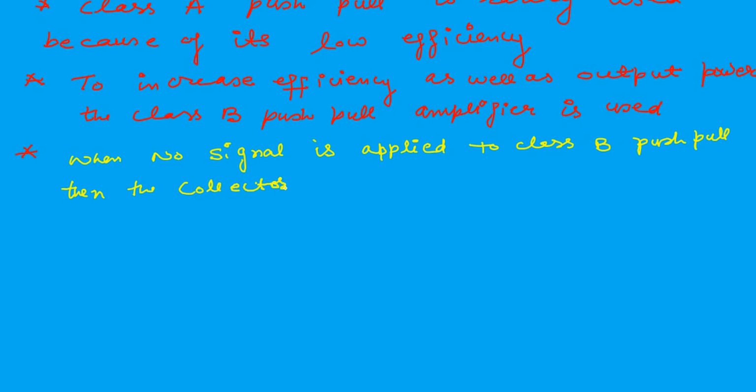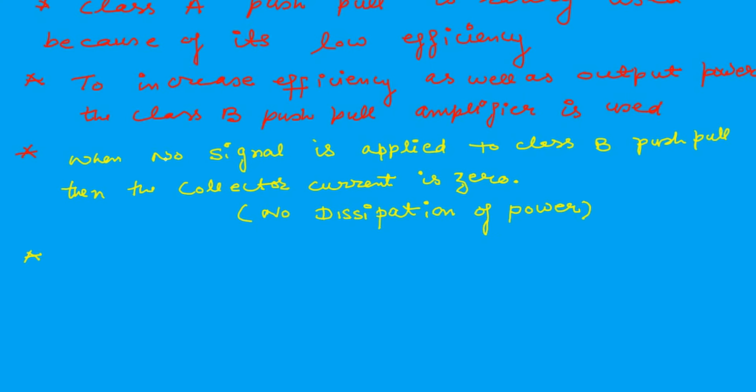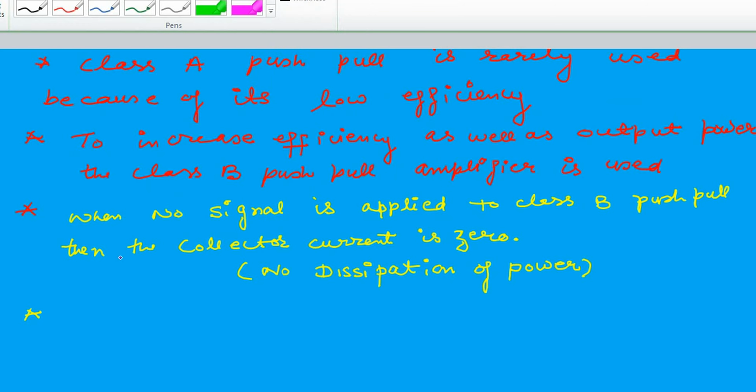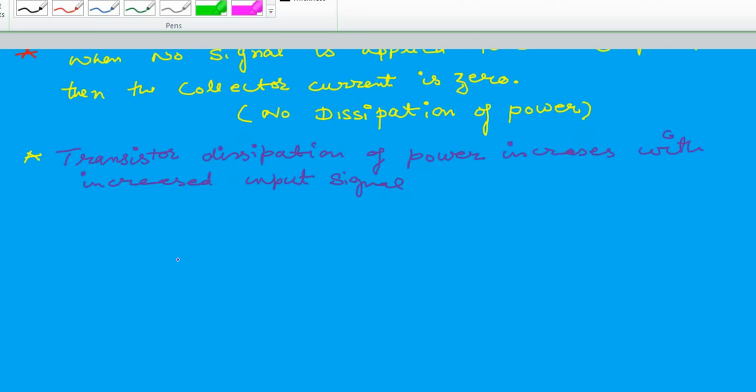When no signal is applied to class B push-pull, then the collector current will be zero. There is no dissipation of the power in the absence of the signal, and dissipation of the power increases with the increased input signals.